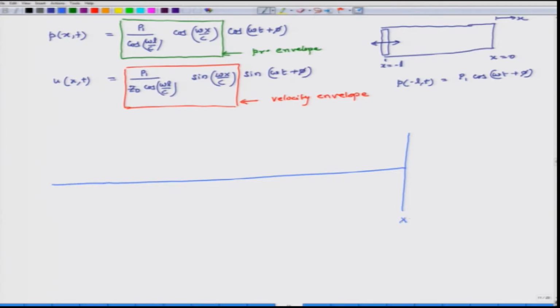So, this is the location x is equal to 0.